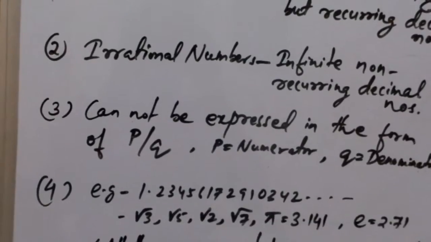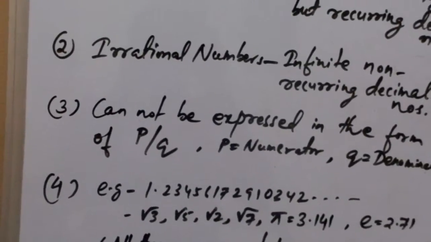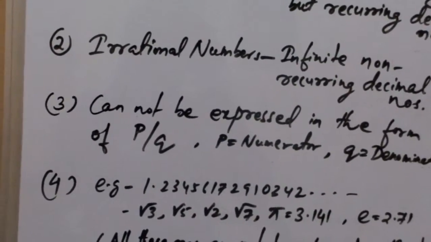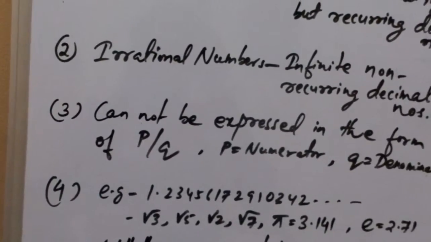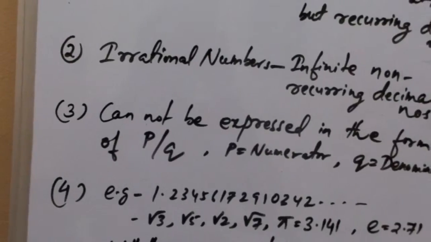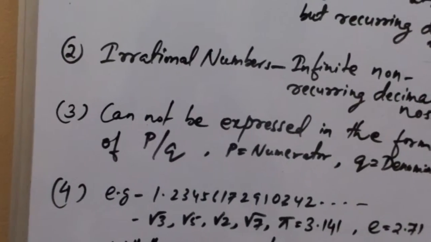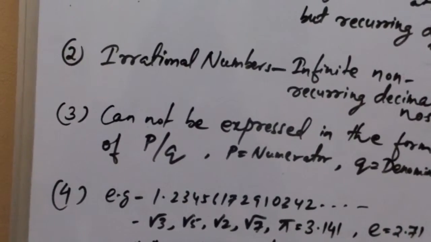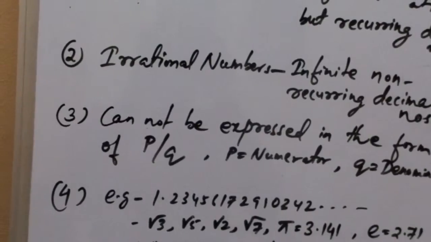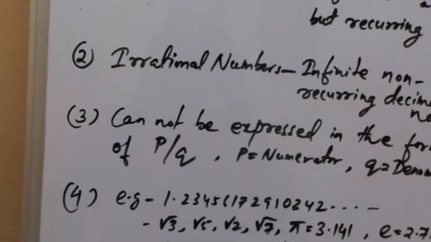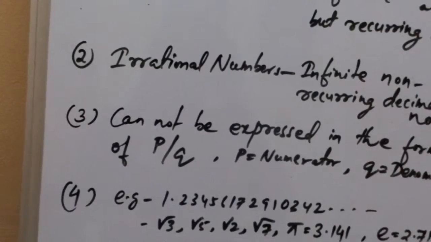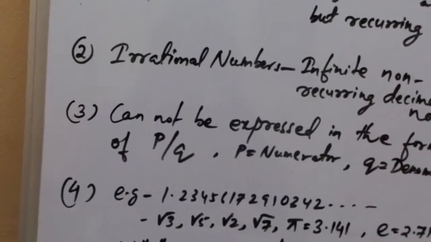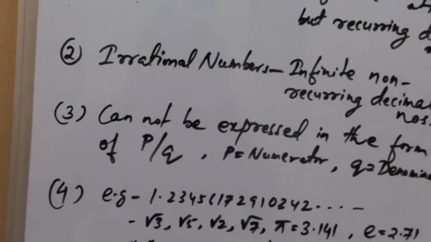As you can see in this example, point number 4, I have mentioned 1.234561729103442 and so on. It is moving infinite times. So let me know, are you able to see any kind of pattern after the decimal, any particular value or integer which is continuously repeating?